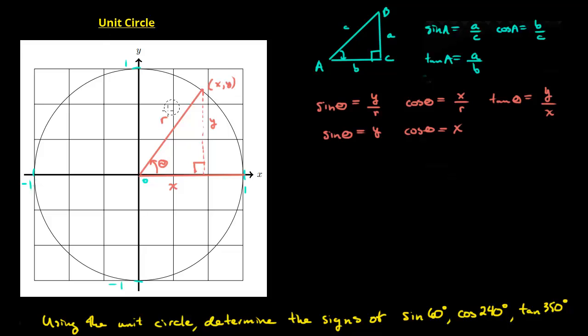And let's redraw this. So imagine now we have our angle drawn like this. And this is x, comma, y.